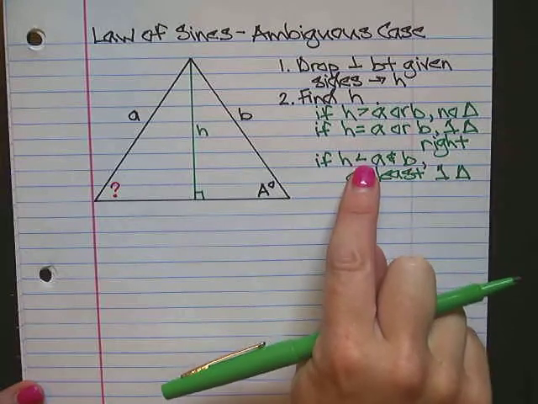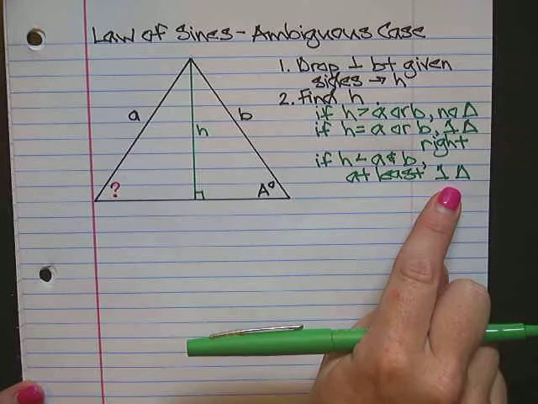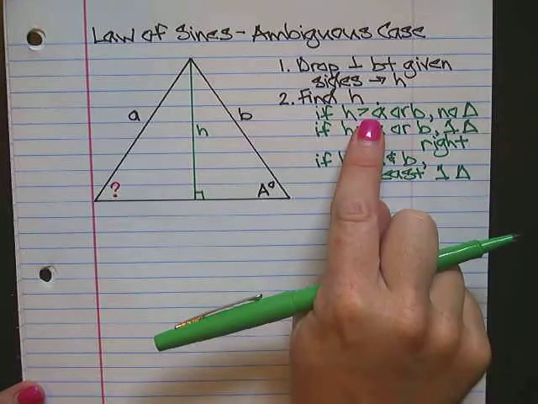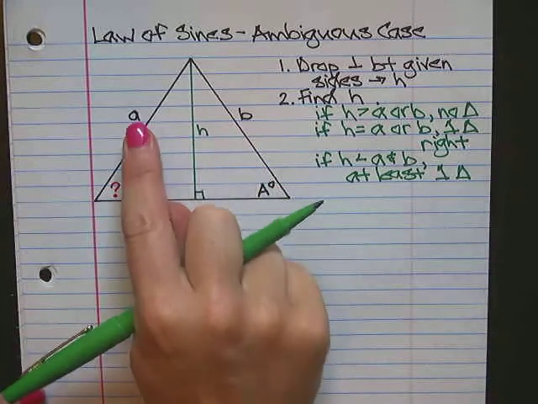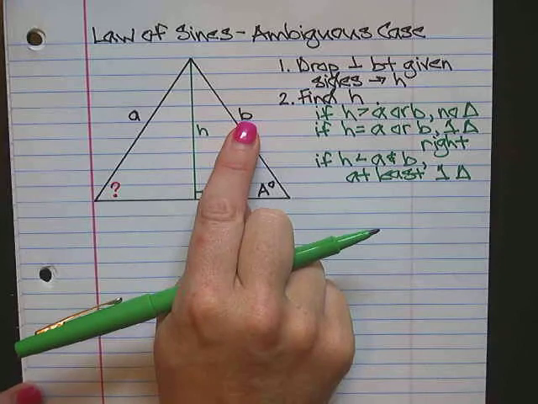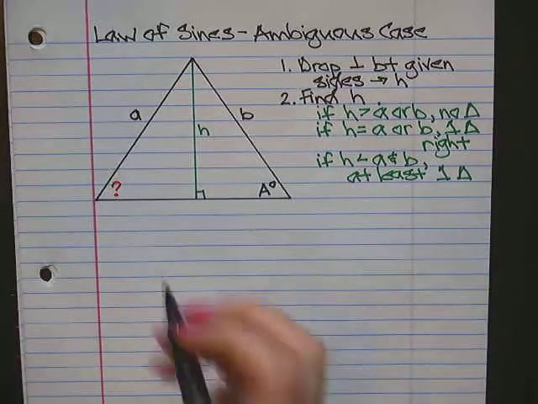So that's step 2, to find H, and you need H to be less than both A and B to guarantee that there is one triangle. If H is bigger than either one of these sides, then there is not a triangle. If H equals one of those sides, then it's a right triangle.